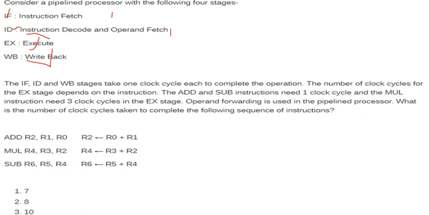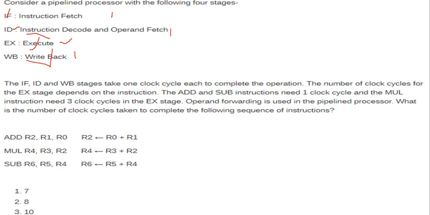So these stages require only 1 clock cycle, and the number of clock cycles for the execution stage depends upon the instruction. So they are saying that the number of cycles in the execution phase depends upon the type of the instruction. If the type is add or sub instruction, it needs only 1 clock cycle.